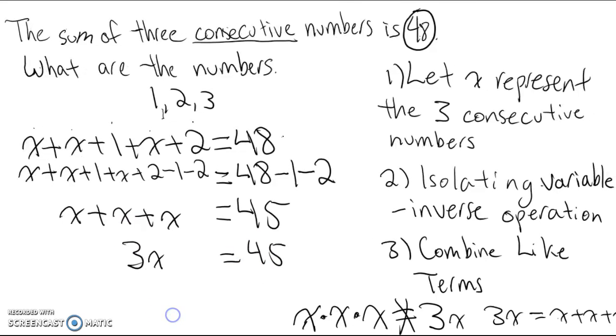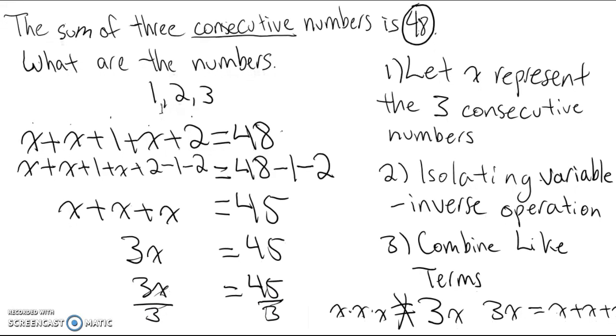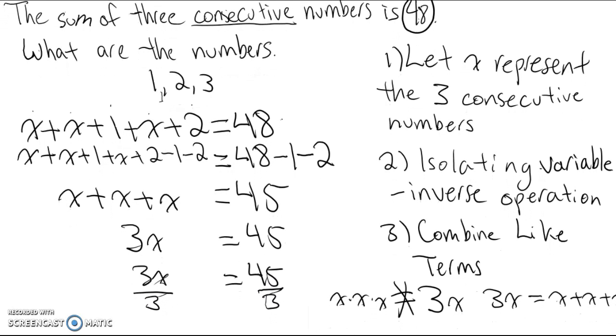Now, the opposite of multiplying by 3 is dividing by 3. So right here on the right side, we're gonna do 3x divided by 3, and whatever we have to do to one side, we do to the other.